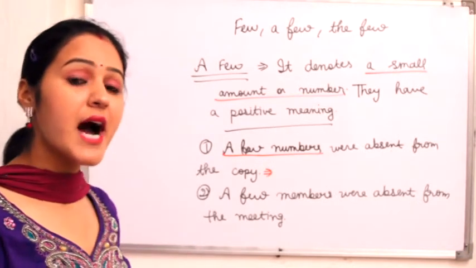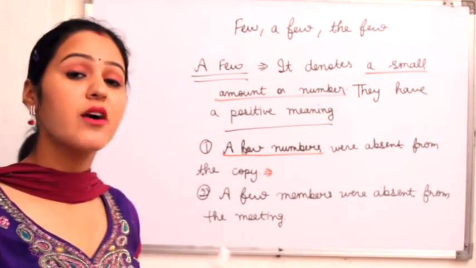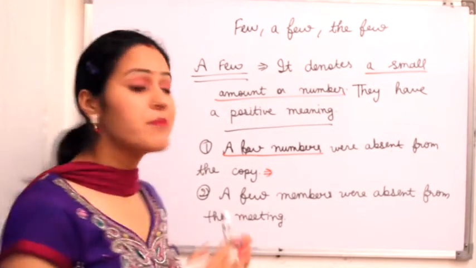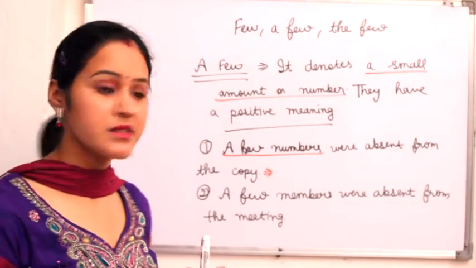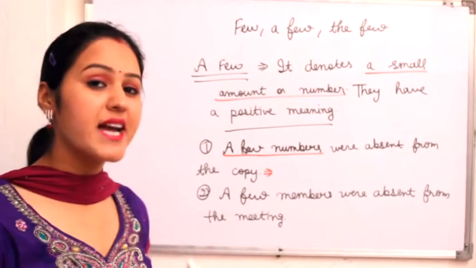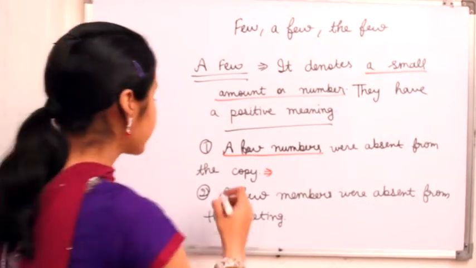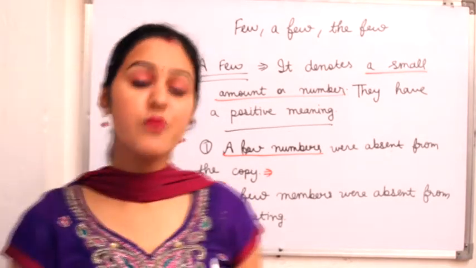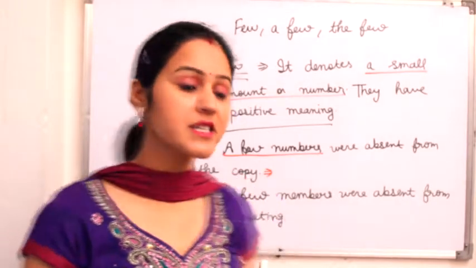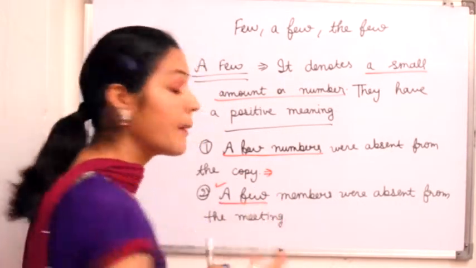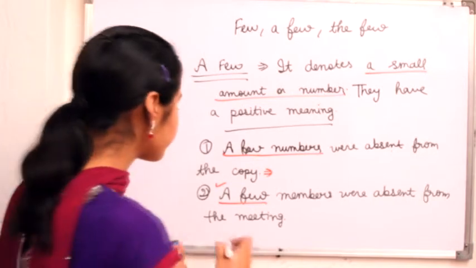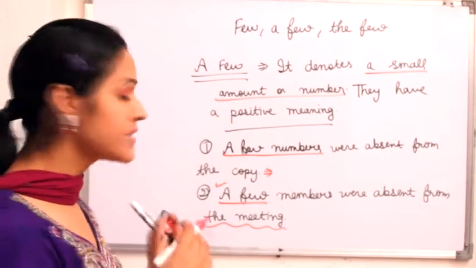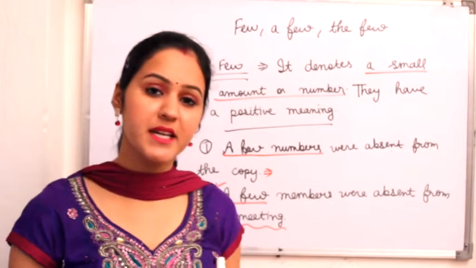So I write in a copy about some counting. So some numbers were absent. That's why we use a few here, and I explain using this example: a few members were absent from the meeting. That's why a few stands for positive meaning.